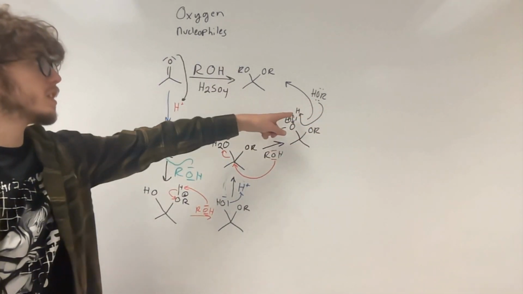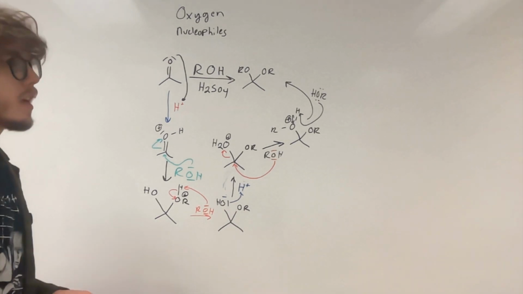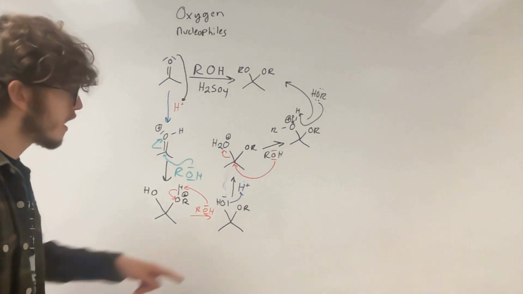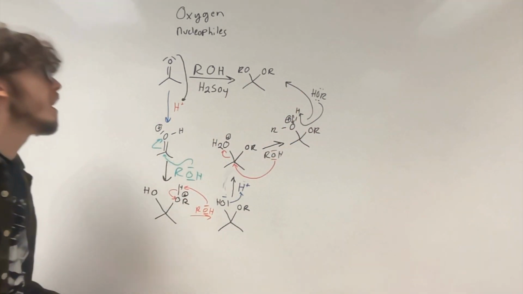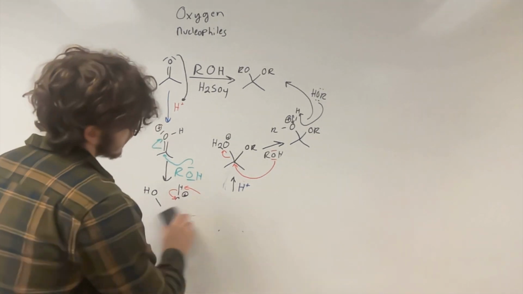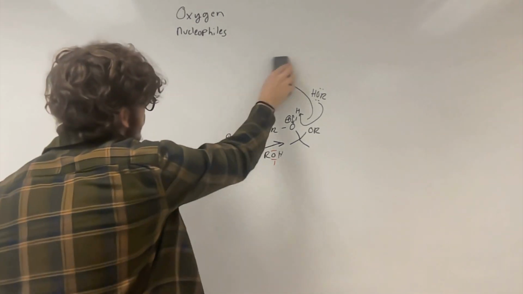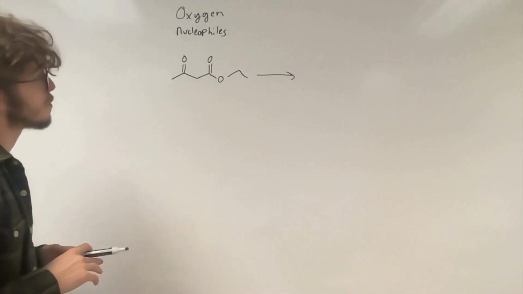So the alcohol comes in, steals a proton, dumps the electrons on the oxygen, takes it from positive to neutral. You have an acetal. So hemiacetal, and then we go all the way to an acetal. That's acetal formation. Now, I want to make one more point, and there's a lot to oxygen nucleophiles, but nitrogen won't be so bad. So now we have to talk about protecting groups.